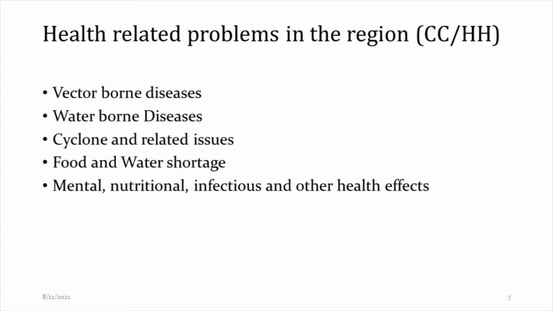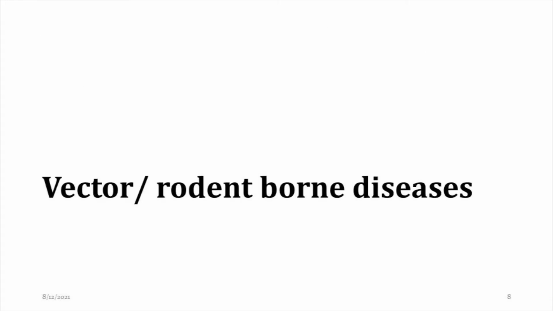There are multiple health related problems in this region in the context of climate change and human health. The main health related problems are vector-borne diseases, waterborne diseases, cyclone related issues, food and water shortages, mental, nutritional, infectious and other health effects. First, let's start with vector and rodent-borne diseases.